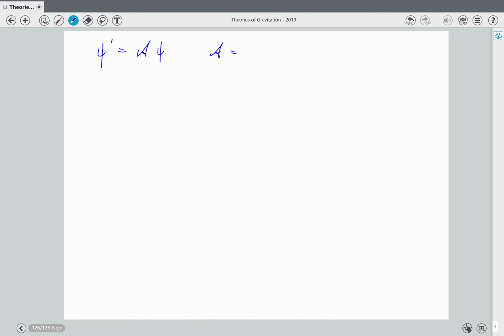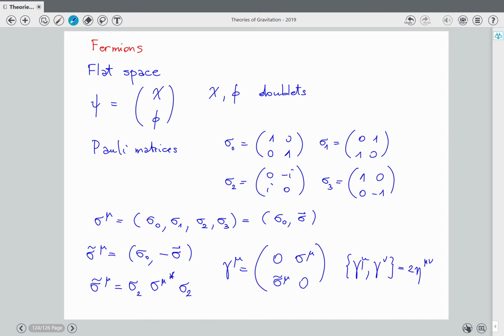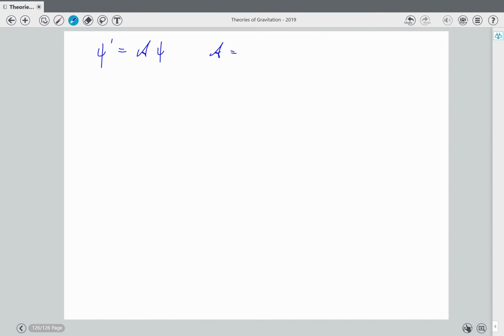Since we are splitting fermions into doublets, it's better to split also A, and A will have this form, two diagonal blocks and zeros, and the two blocks are still to be determined. And let's see what properties we want. As you know very well, it's important to introduce psi bar, which is psi dagger gamma 0.